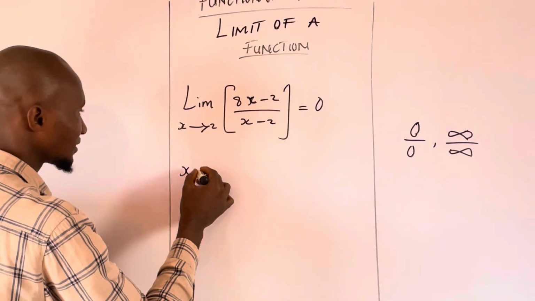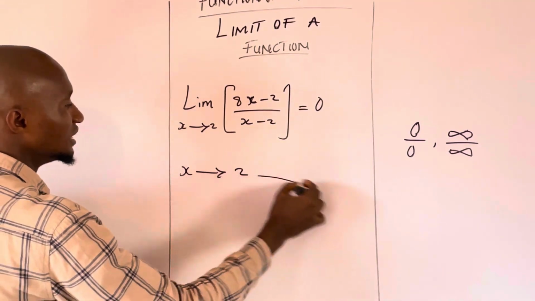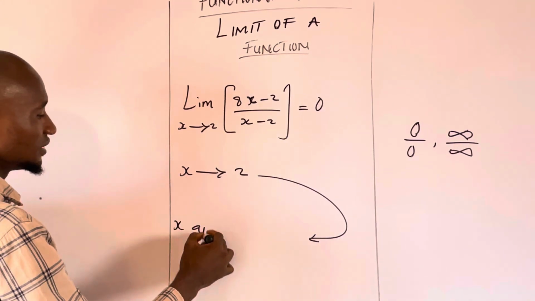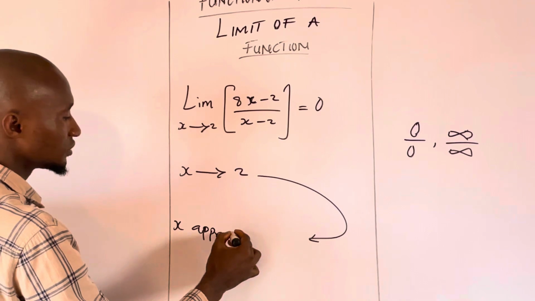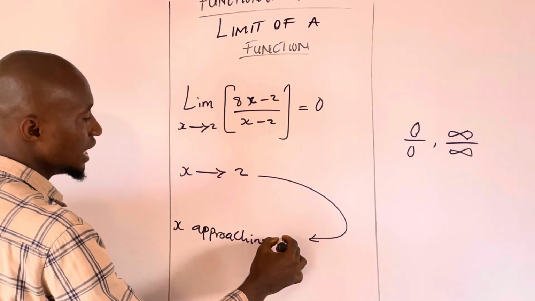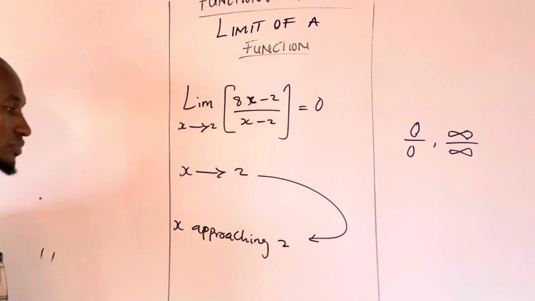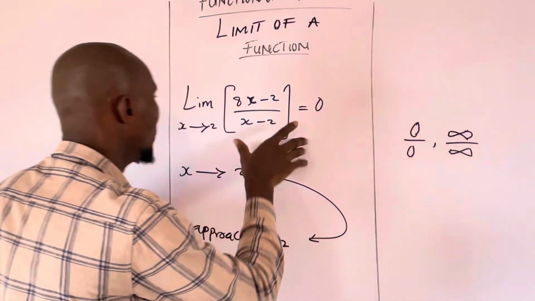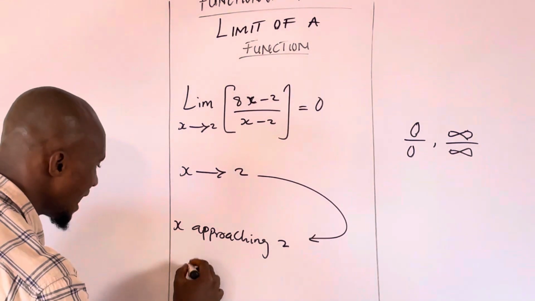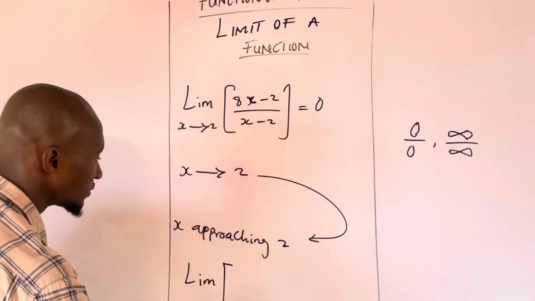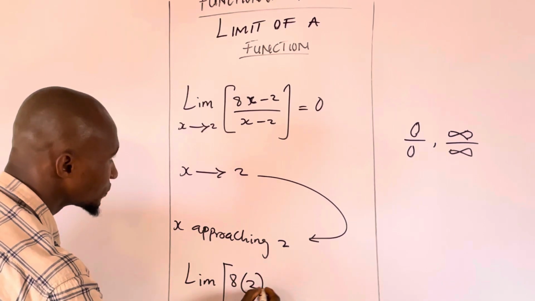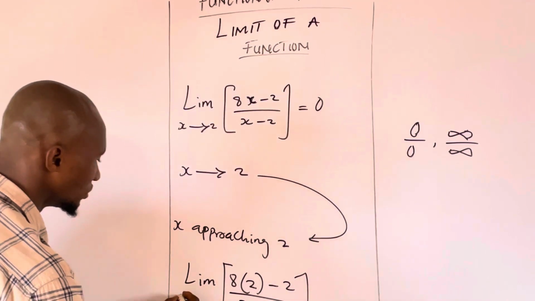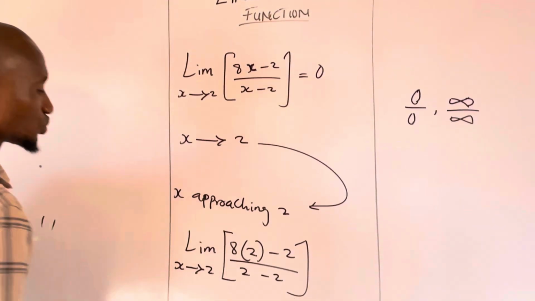When you see x arrow 2, this means x approaching 2. Now let me use this question as a case study. It also means that anywhere you find x, you call it 2, so 2 minus 2 all over 2 minus 2 as x approaches 2.